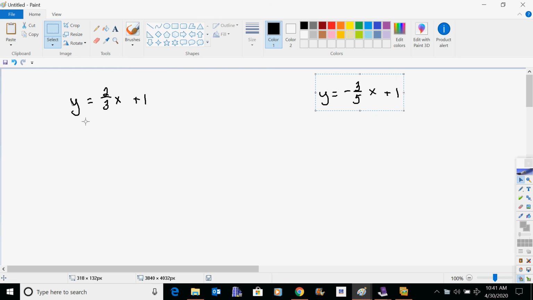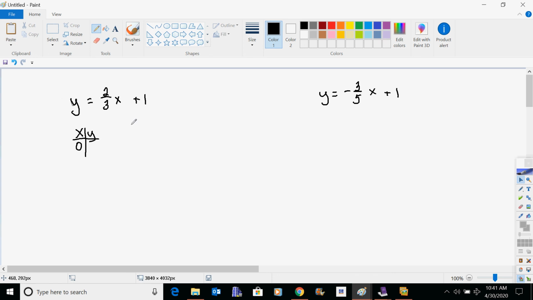So what I would like to do is find the y-intercept. If you remember, when we're trying to find the y-intercept, that is when your x value equals 0. I'm not even making a big chart, I'm just doing this one.